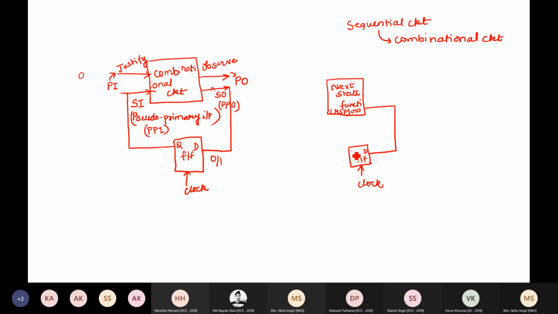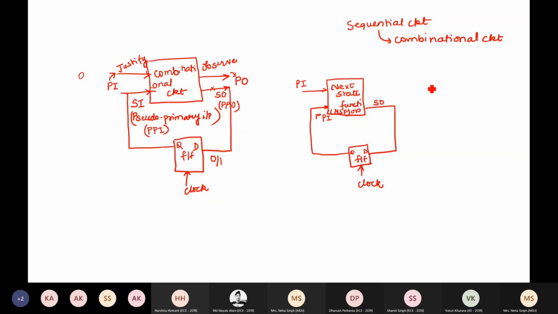Say D and the output is Q. The output becomes the secondary input or I say pseudo primary input. Other than the pseudo primary input, I should have a primary input. Right? This becomes my secondary output. This secondary output becomes the input to my flip-flop.